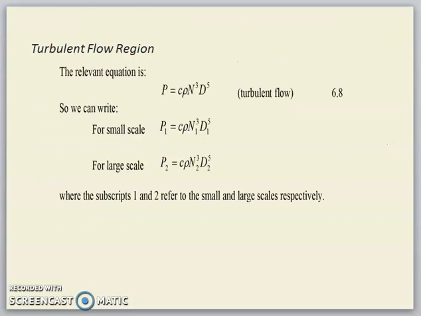For the turbulent flow region, the relevant equation is given here: P equals C rho N^3 D^5 for turbulent flow. So we can write, for small scale, denote the P with P1, and for large scale, denote the P with P2, where the subscripts 1 and 2 refer to small and large scales.